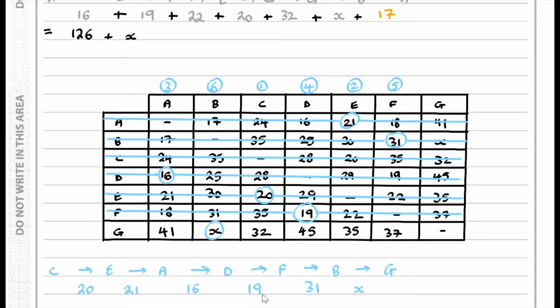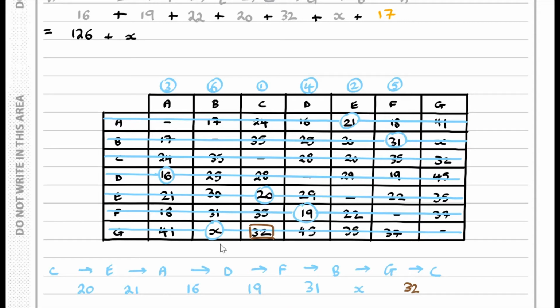Okay, and then we want to go from G back to C. So going from G back to C, before that we have to delete all of G. So going from G to C, that length over here, CG, that would be 32.